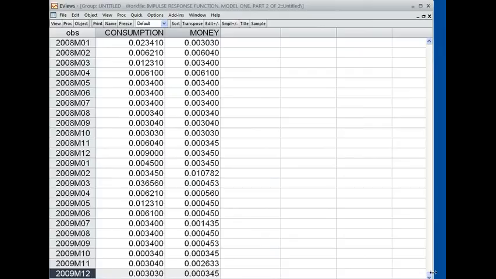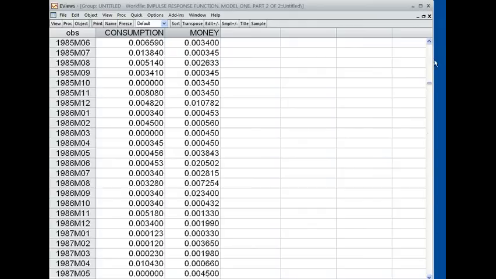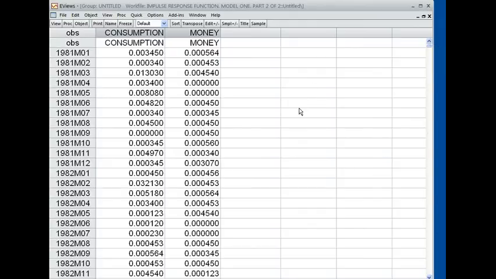Monthly data. And we shall be developing the impulse response function under the vector autoregressive environment, or VAR model.